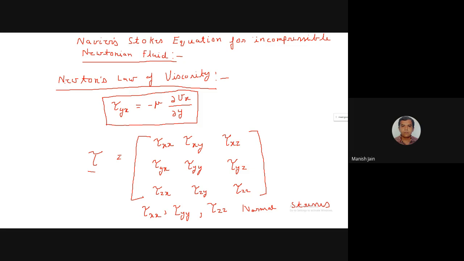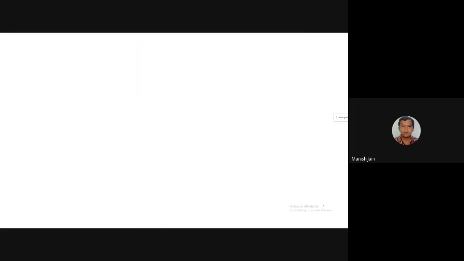Okay. Now before substituting Newton's law of viscosity in the original equation, first we will use the third axiom of transport phenomena here. So the third axiom is that moment of momentum is conserved. So we will use this third axiom here.